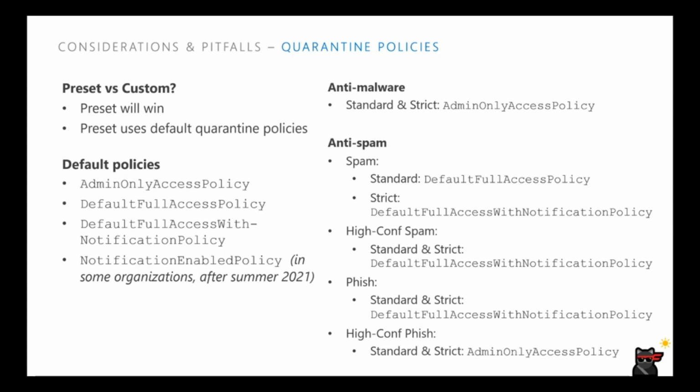Yeah, let's hope so, because end users want their emails, right? They do. Or at least be notified about it. Exactly, and then take actions on it. I think it's a good practice to say, let's take high confidence phish as an example, that the end users get the notification that they have an email in quarantine, but they cannot release it by themselves.